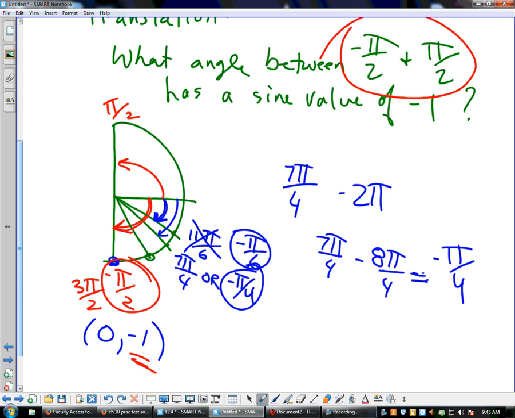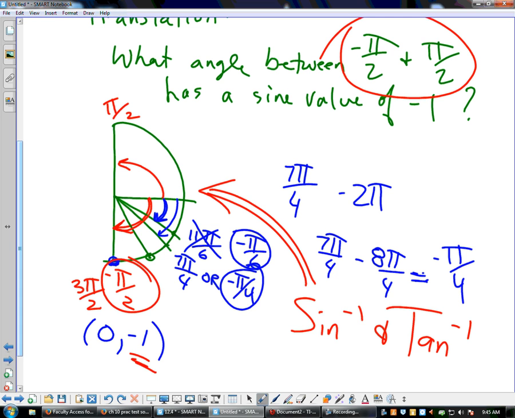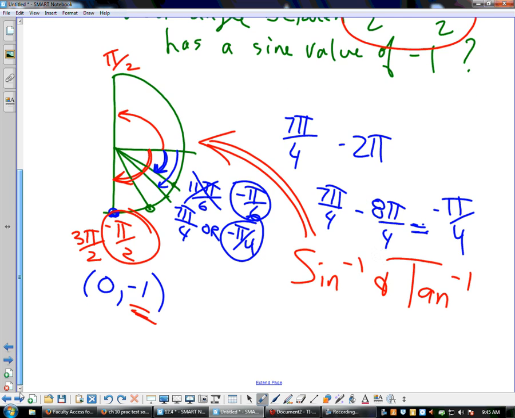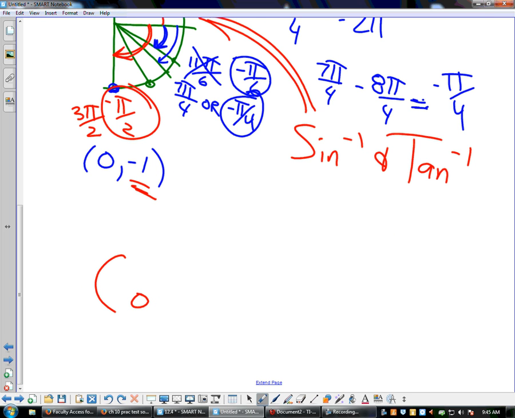So for capital sine inverse and capital tangent inverse, they both use this right half of the circle, but the capital cosine inverse uses just the top half of the circle from 0 to pi.